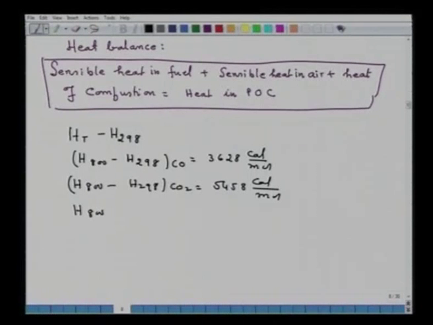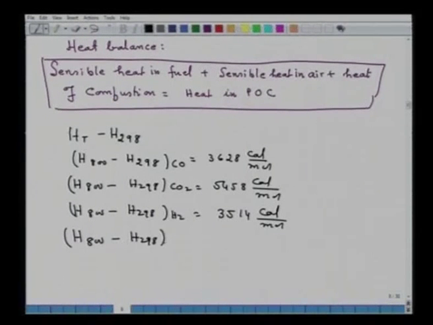H800 minus H298 for hydrogen, that is equal to 3514 calorie per mole. H800 minus H298 for nitrogen, that is equal to 3598 calorie per mole. You can see these values in any thermodynamic book.